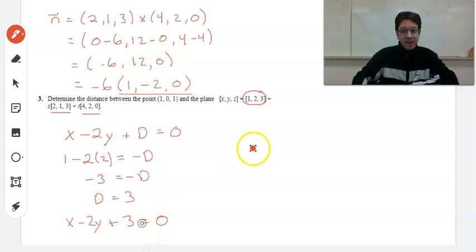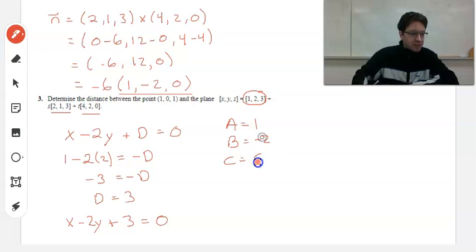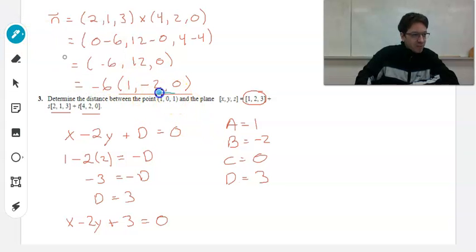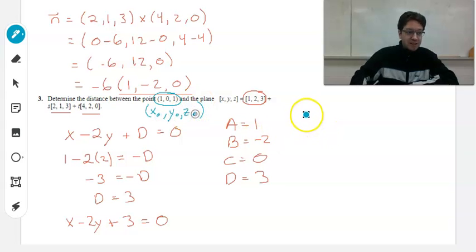That means I know what the a, b, c, and d coefficients are. A is 1, b is negative 2, c is 0, and d is 3. And since I have this point that I'm trying to find the distance to the plane, that's our x naught, y naught, and z naught in our distance equation.